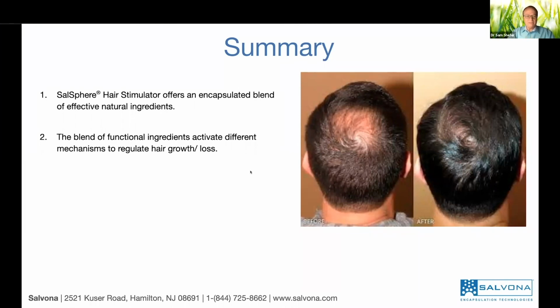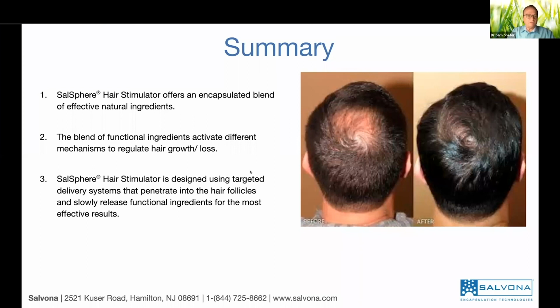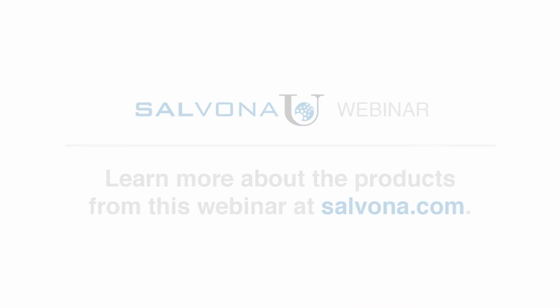The blend is unique because it offers different mechanisms to regulate hair growth or hair loss, and not only one, not just blocking the DHT, but many others. And it's designed for targeted delivery, and therefore we think it has a much better chance to provide the right results. Okay, so this summarizes our meeting on a SalSphere Hair Stimulator.